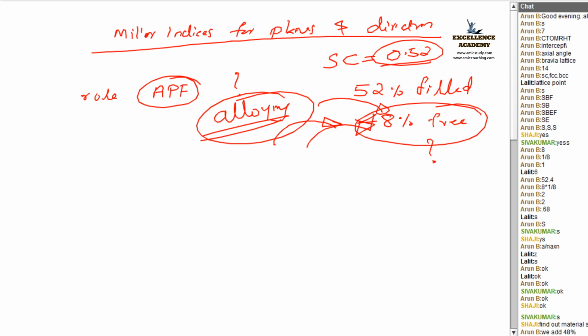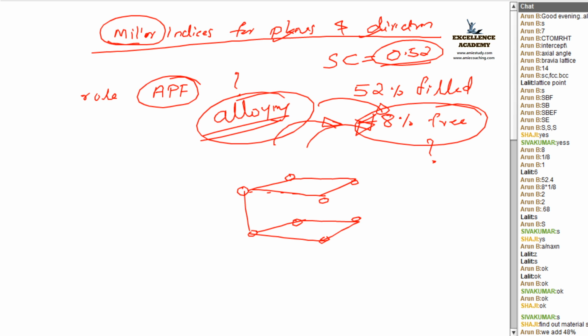Then why do scientists draw these planes and directions? In the actual case, the atoms are arranged like this. Are there any lines like those you have seen in the notes and textbook? Is there any line in the atomic structure? No such lines will be there.